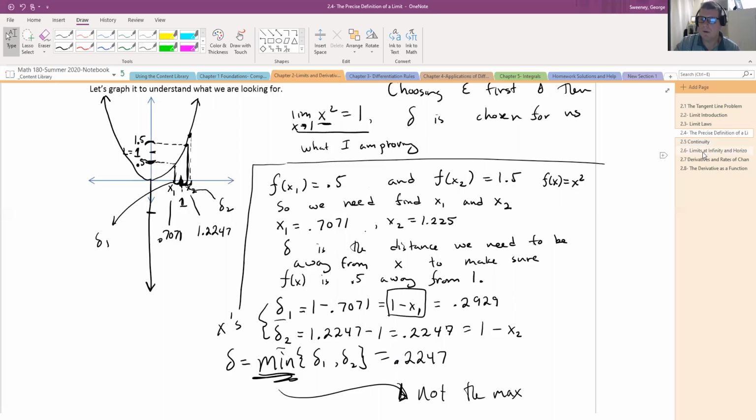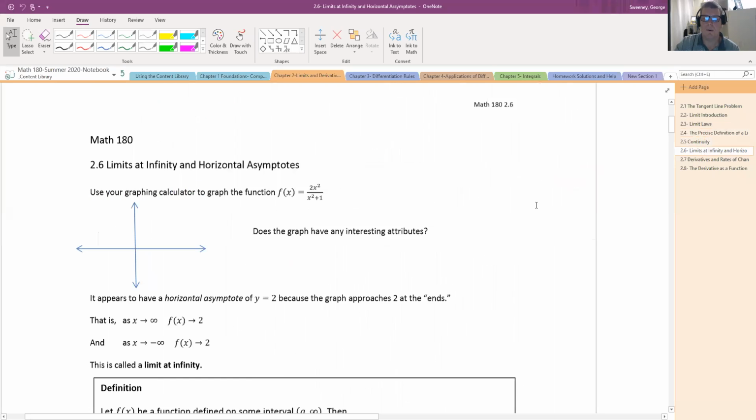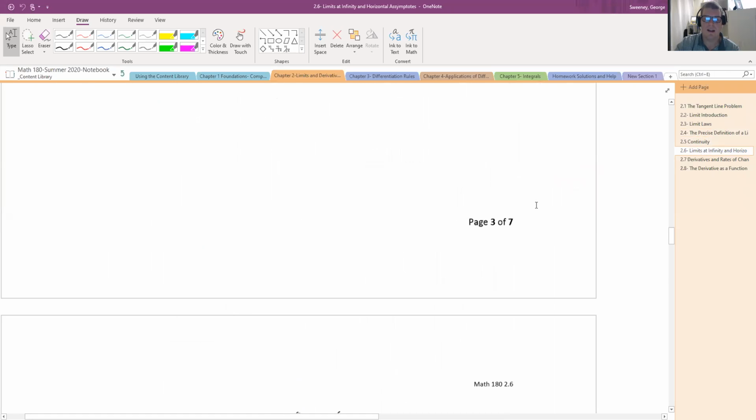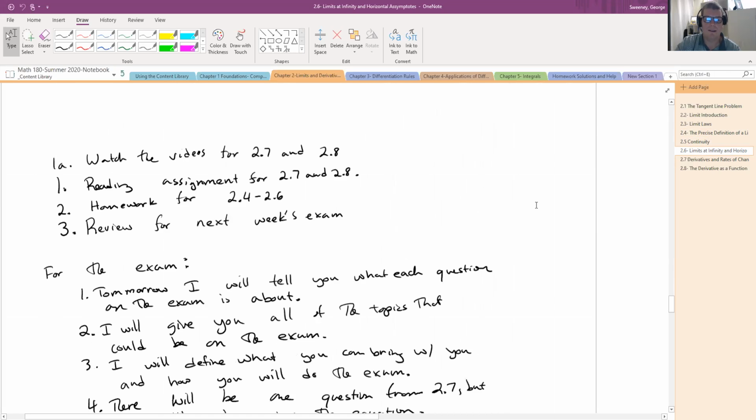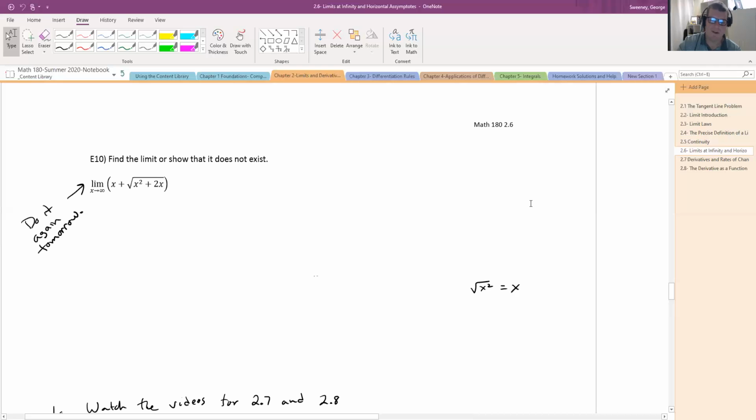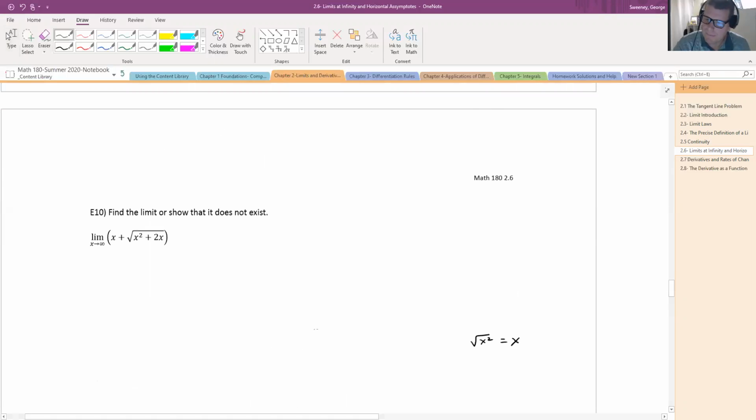Let's go now to some limits at infinity. We're working on horizontal asymptotes and limits at infinity. And we did this one, and then my brain froze for a little bit. So we had here, find the limit or show that it does not exist. This is way easier than I made it out to be.